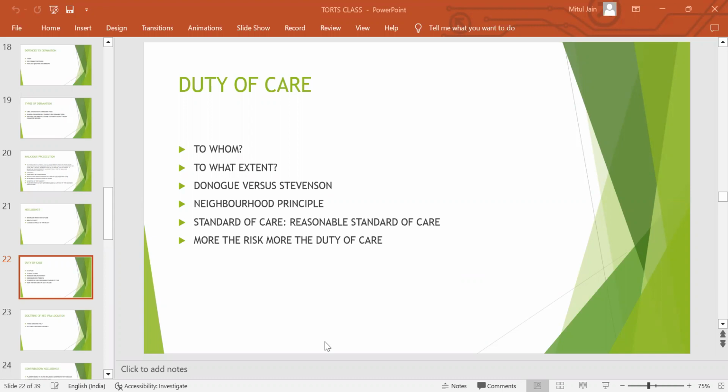Okay, now the answer is that the boy to whom it was gifted can claim compensation. Why? Because he was ultimately affected.